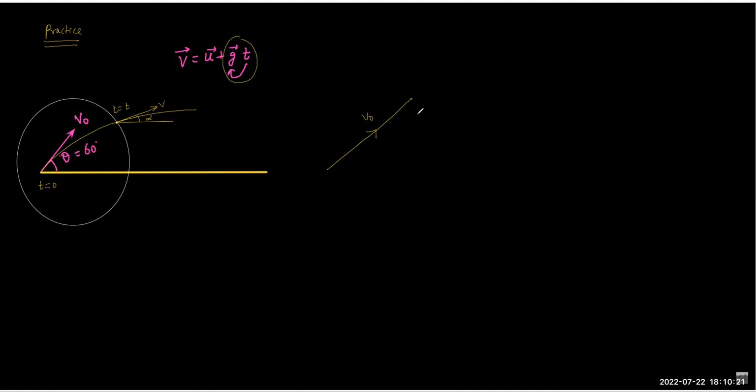And once you're done, just let me know. I'll draw it and you can match. Have you done with the triangle? Just let me know once you're done. What I'll do is I'll draw it and you can see yourself whether it is matching or not.